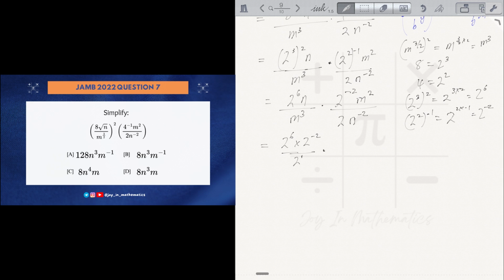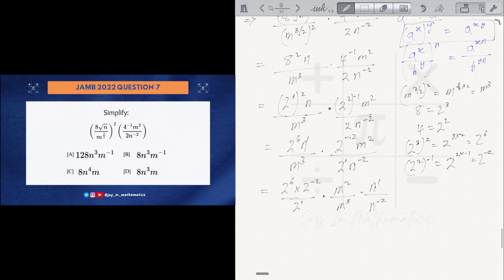M as m raised to the power of 2, and likewise m raised to the power of 3. And n as n raised to the power of 1, and n also has n raised to the power of minus 2.